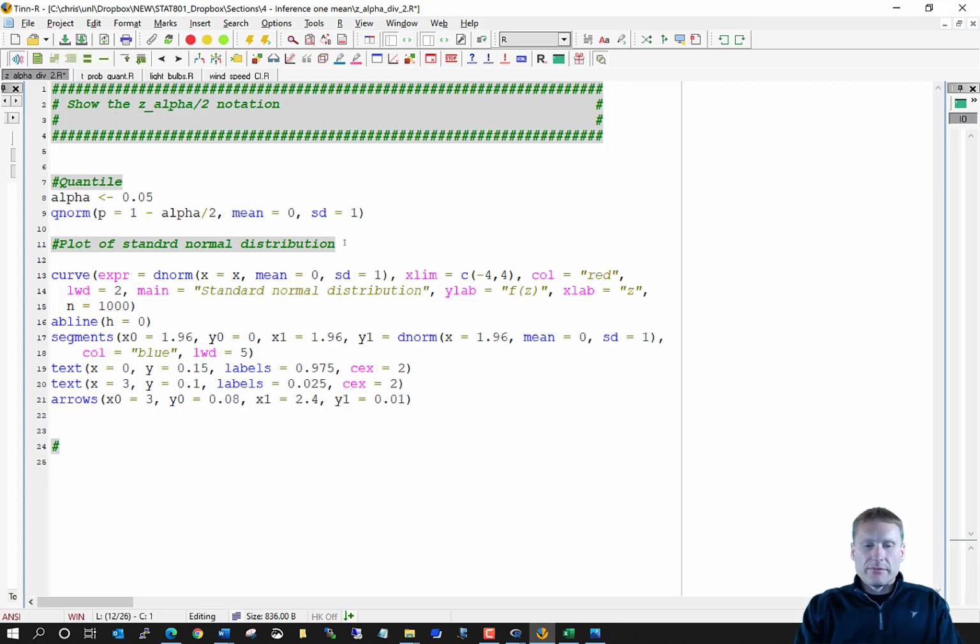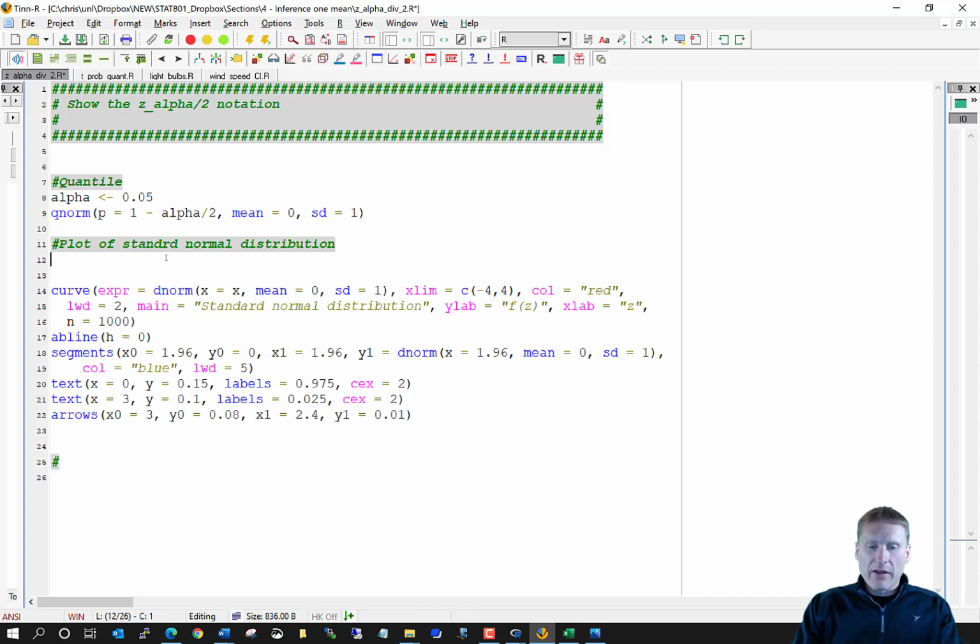And with the curve function, I'm going to use the dnorm function as part of the expr, the expression argument. d stands for density, normal. And what this is going to give me, if I think in terms of a standard normal, it's going to give me my f of z value, where f of z is 1 over the square root of 2 times pi times then the exponential function.